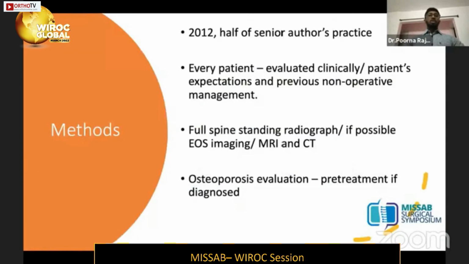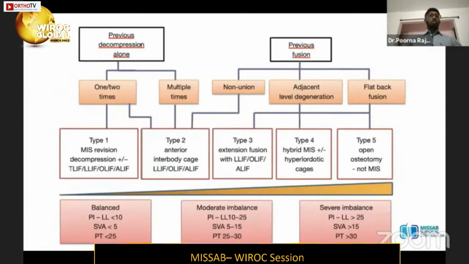Coming to the surgical algorithm which they formulated after reviewing all these patients and operating on them since 2012, they categorized the patients into two categories: those who have undergone previous decompression alone and those who have undergone previous fusion.